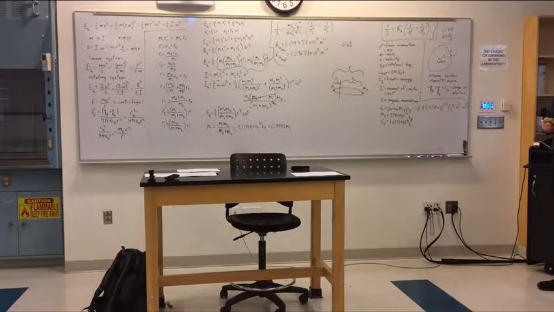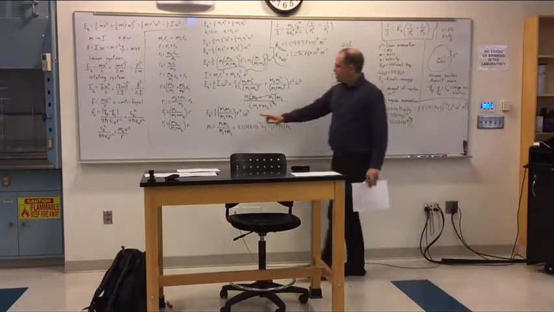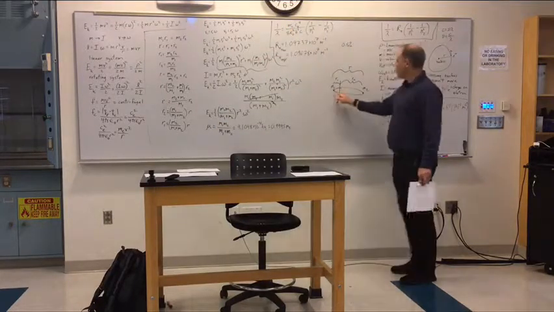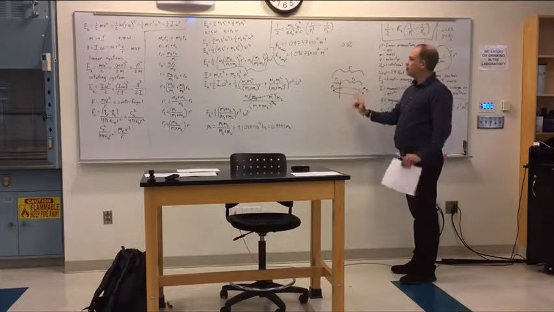Right? Not a huge difference, but if we use the reduced mass instead of the mass of an electron, that takes into account the fact that the nucleus is actually moving.